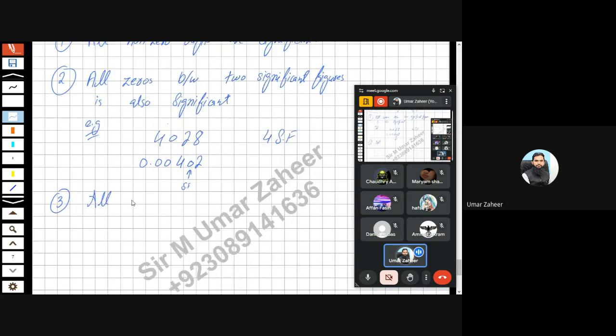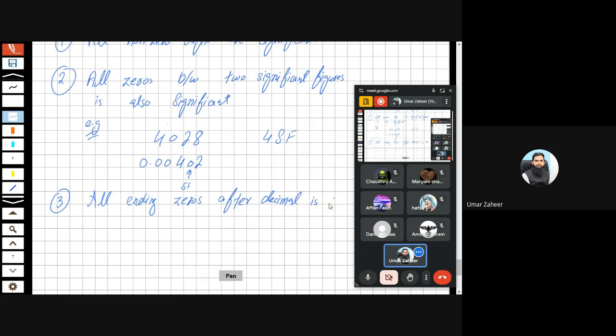Now the third rule is all ending zeros after the decimal are significant.